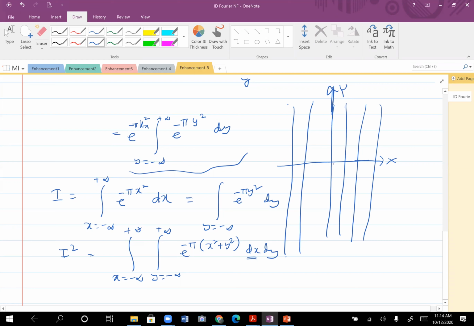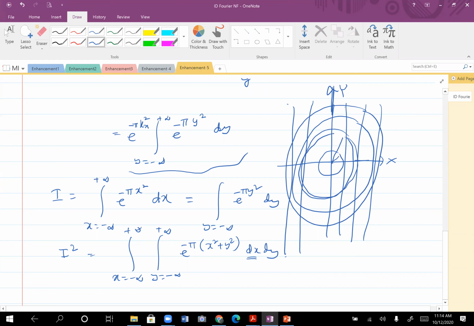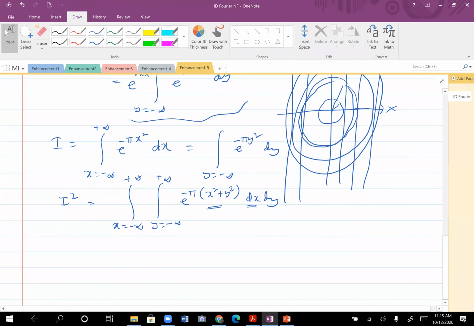Another way is to look at it in terms of polar coordinates. The same space you could represent by varying the r value, and for each r value you vary the theta value, right? Then the r limits will become 0 to infinity. That's the basic trick.